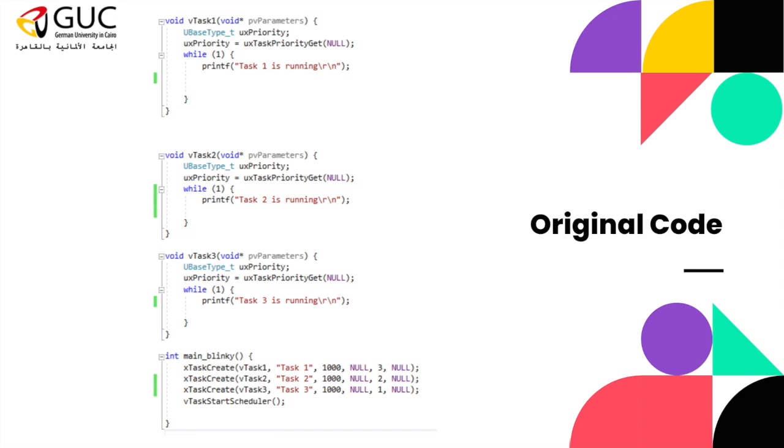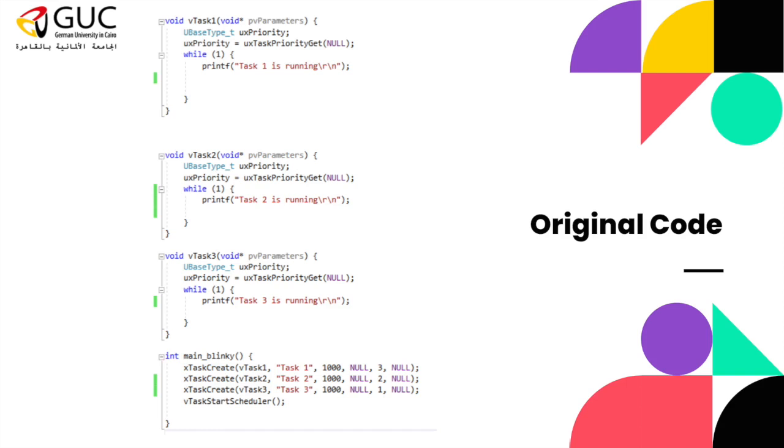This is the original code that it wants me to trace and see what it is performing. We have here how many tasks? We have 3 tasks. Task 1, task 2, and task 3. Okay? And as you can see, these 3 are continuous tasks. They are not periodic. I do not see a vTaskDelayUntil or even the vTaskDelay in its body.